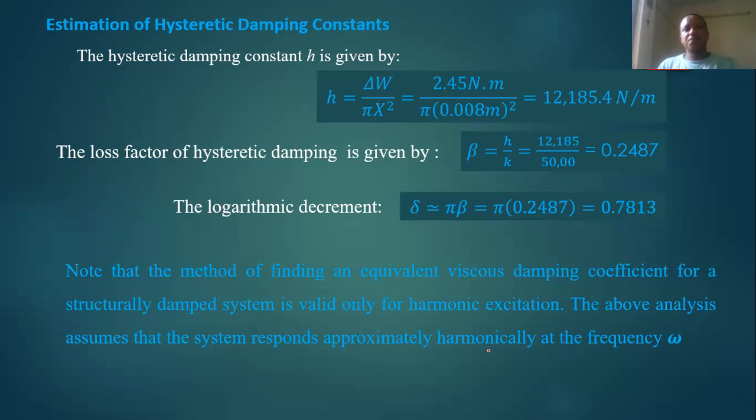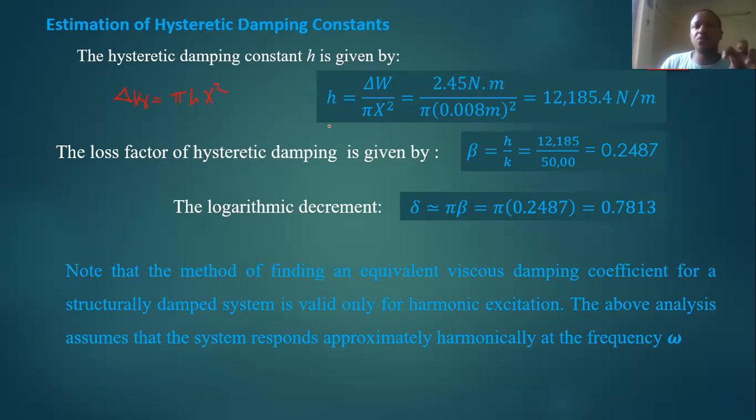The hysteretic damping constant H is equal to delta W over pi x squared, because we have delta W equals pi h x squared. From that relation, we have this.